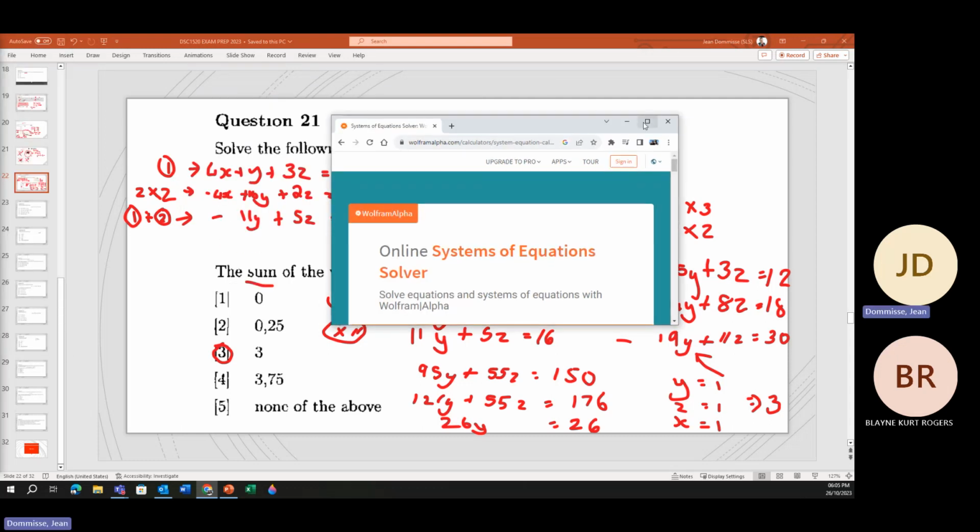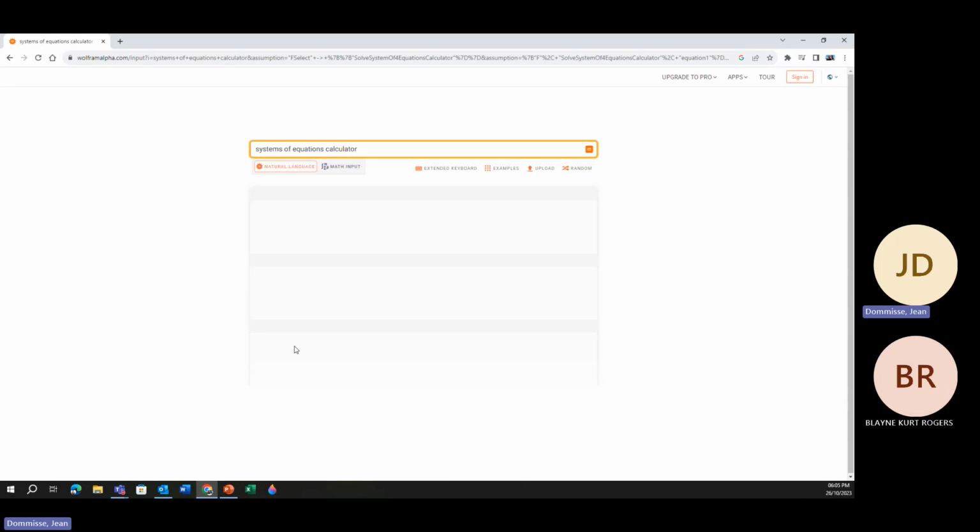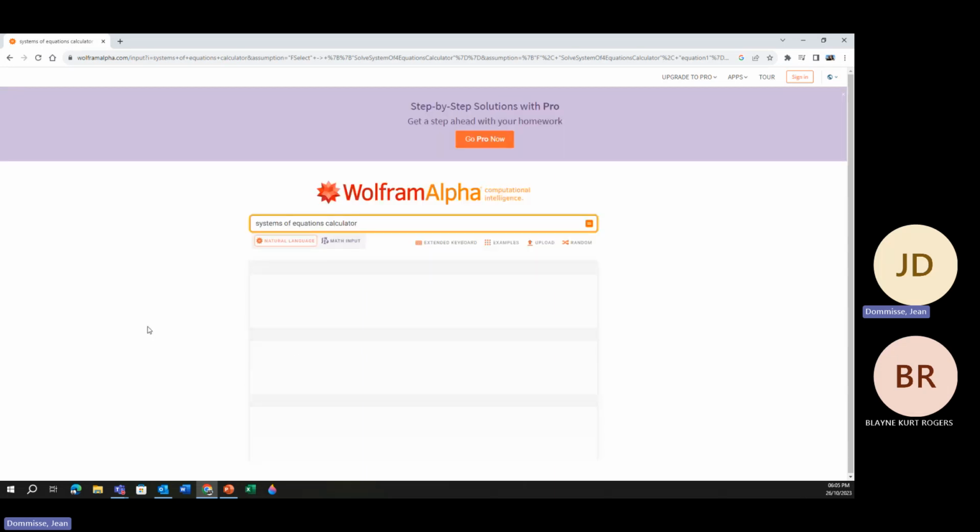So let's quickly check. So in here is 4x plus y plus 3z is equal to 8. Then the minus 2x plus 4y plus z equal to 4. 3x plus 2y plus 4z equal to 9. Let's say compute and let's see if it works.